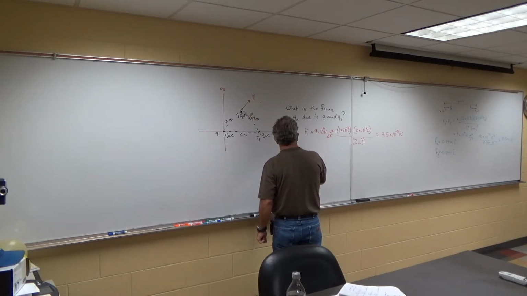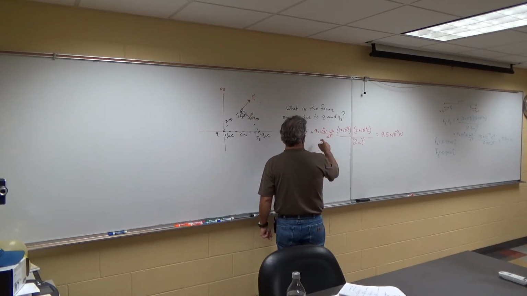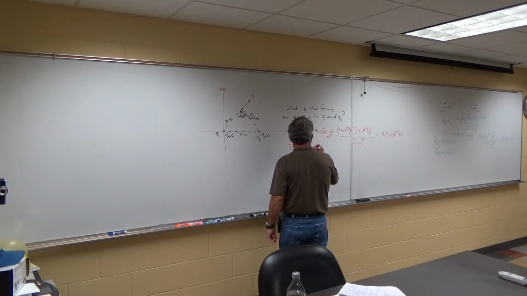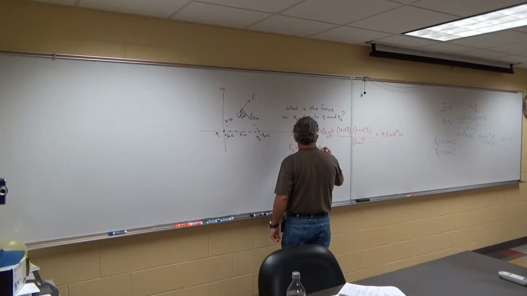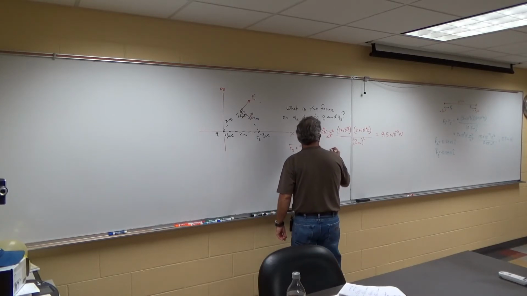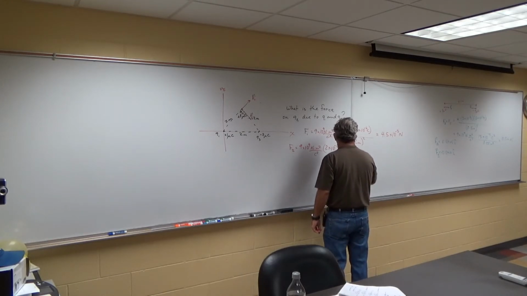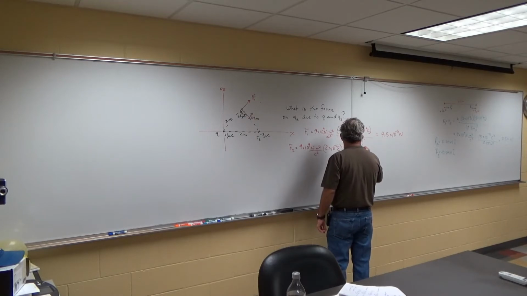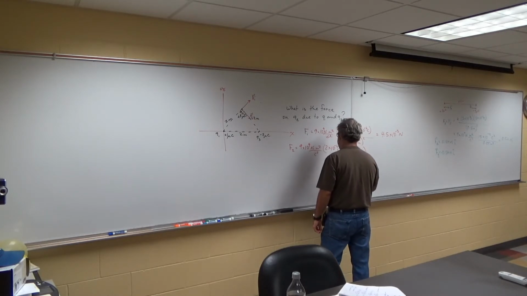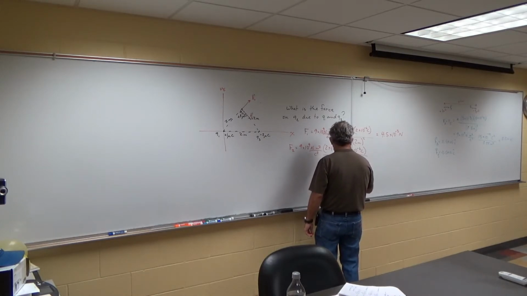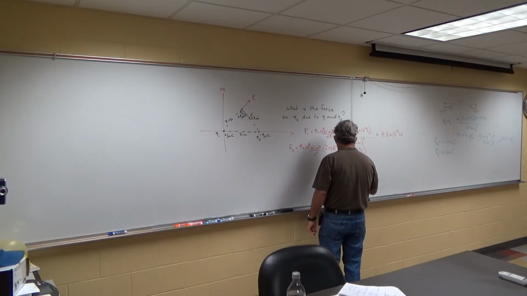F3 is the same game, except now it's going to be pretty simple. Then we have 2 times 10 to the negative 6 coulombs multiplied by 2 times 10 to the negative 6 coulombs divided by 2 meters squared.